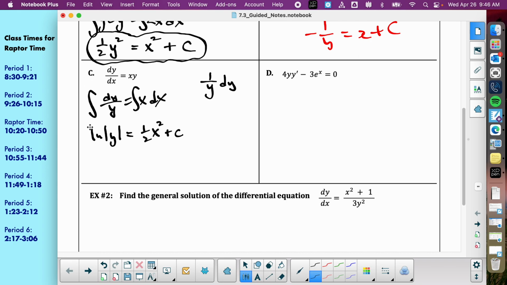Okay, that works. To me, it's weird, but it's not wrong. So the e and the natural log essentially cancel each other out because this is log base e. And that would leave absolute value of y equals e to the 1/2 x squared plus c.